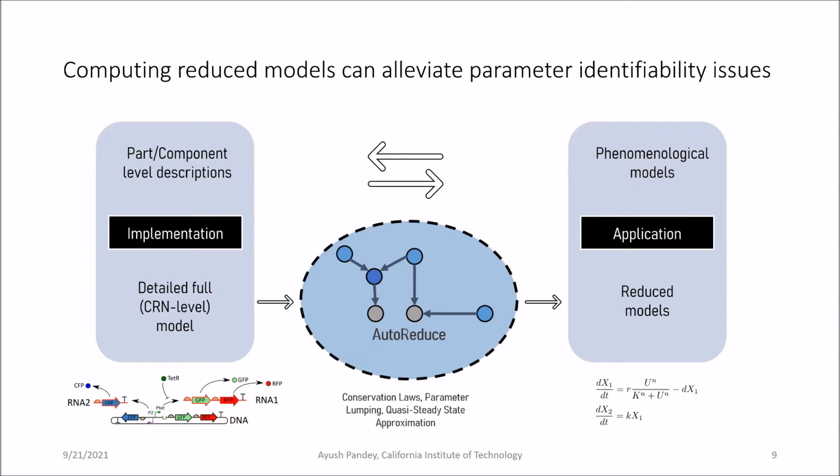Model reduction helps us alleviate that problem, because when we reduce this model, we are essentially lumping groups of parameters together. So the number of parameters in the reduced model is fewer than in the full model. And moreover, with AutoReduce, we have this mapping available to us analytically.